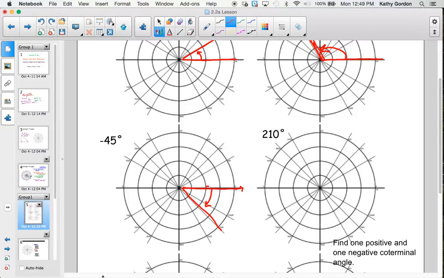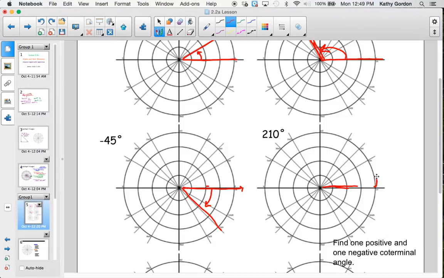Okay, last one, 210. Nicole, come show us 210. Just make sure it's pressed a little bit when you do it.